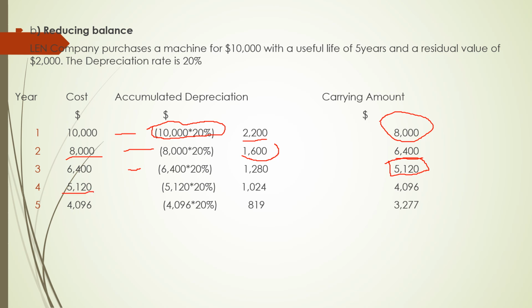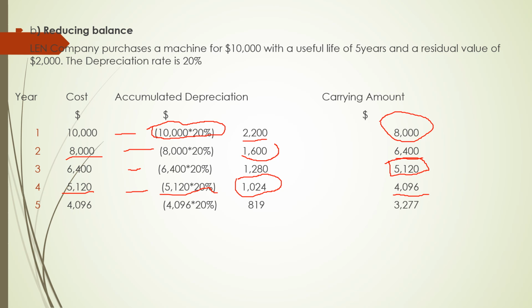So when we multiply 20% by 5,120, we will arrive at 1024 as our depreciation for that period. So when you subtract the 1024 from 5120, we will arrive at 4096. So in the fifth year, we have a balance brought forward figure of 4096.